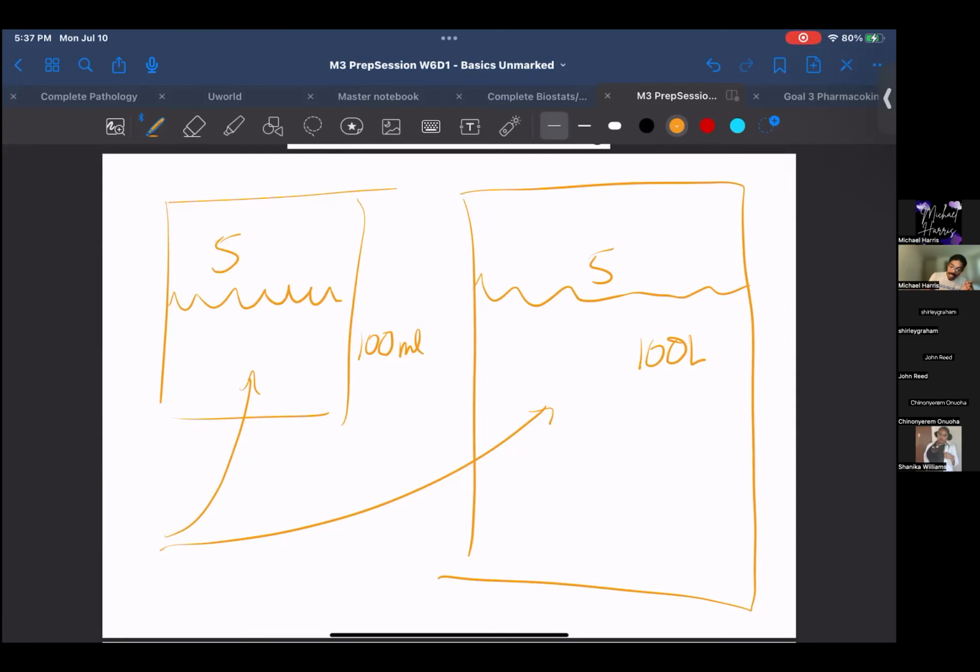Do I have to give less in this one? The 100 liters, I'd have to give more. Exactly. And that's the same concept that goes with volume of distribution. So a higher volume of distribution means you need to give more of a drug to reach your plasma concentration. Good?